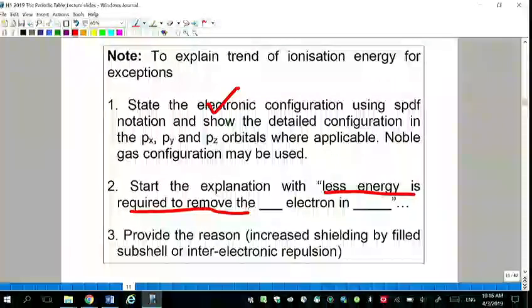The last thing is to provide the reason, be it increased shielding by filled subshell or inter-electronic repulsion. This is one way for you to remember how to explain the two abnormalities across the period for first ionization energy. Okay, so take note of this.